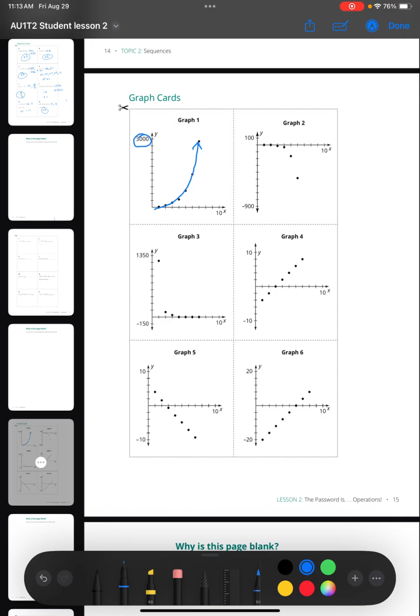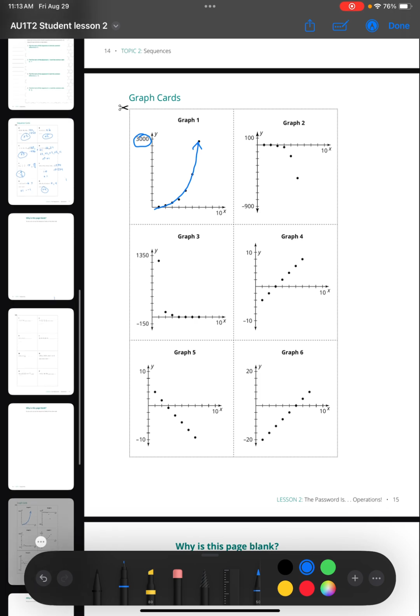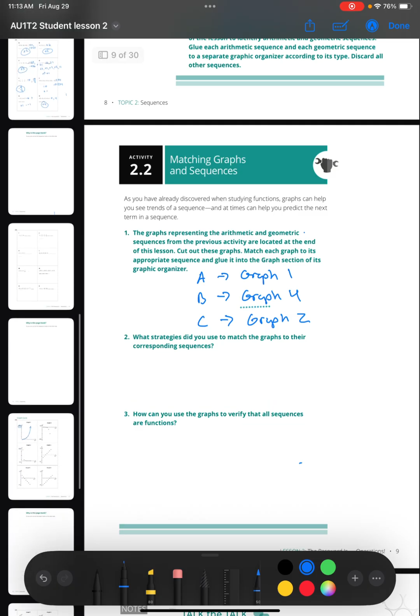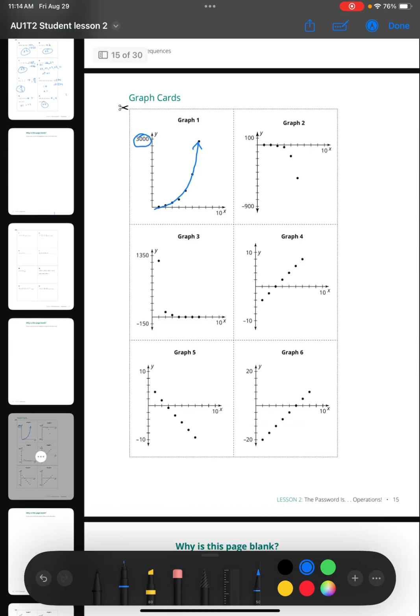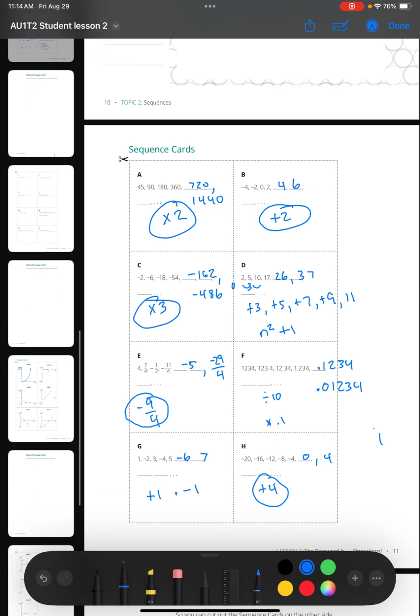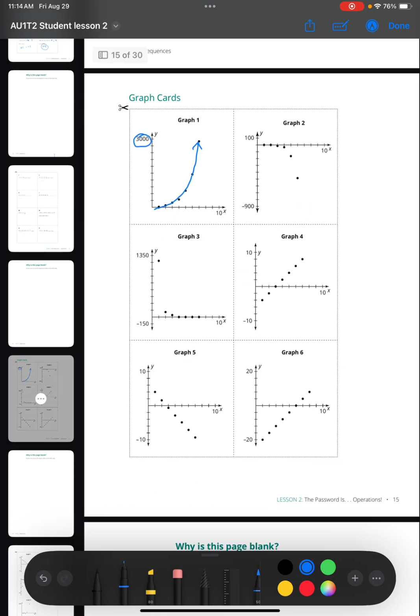That's 3,000, so it's a very broad scale stretched out there. Give you another one we looked at. B went to graph 4. So sequence B was adding 2 each time. So that's going to create a linear graph, adding the same amount each time. Graph 4, there it is. There's that linear graph, adding 4 each time.